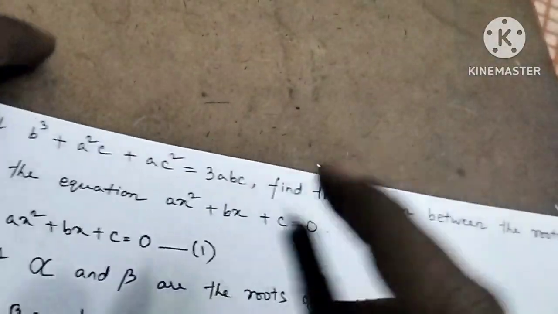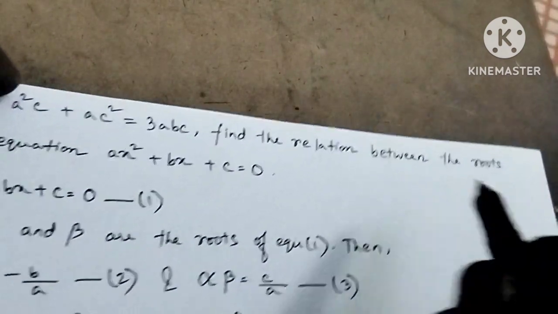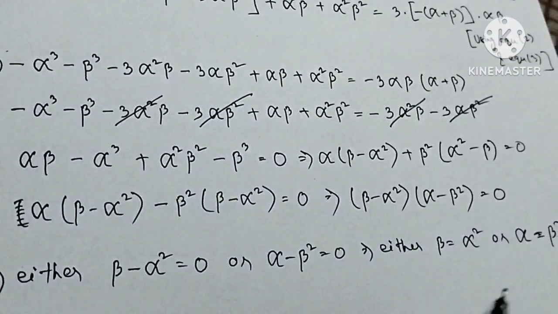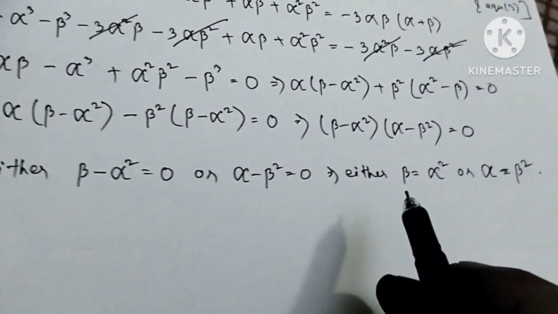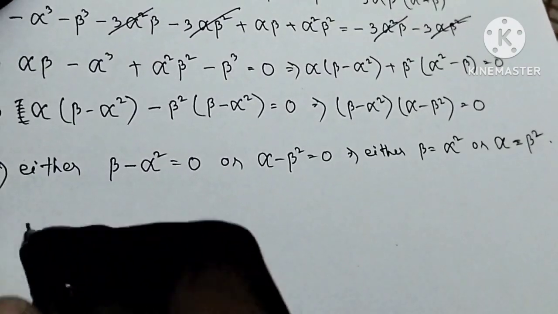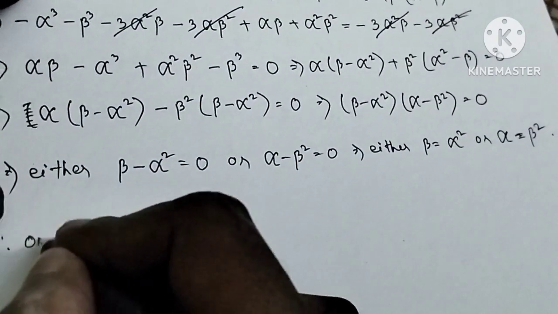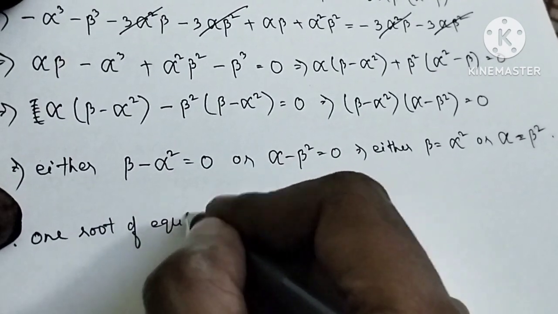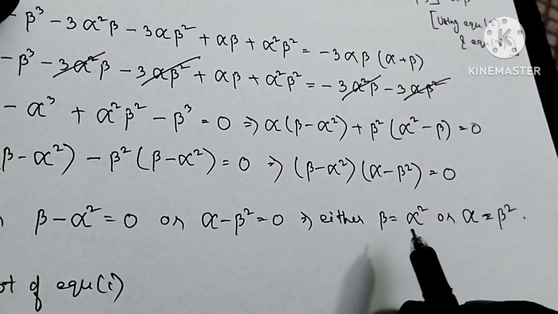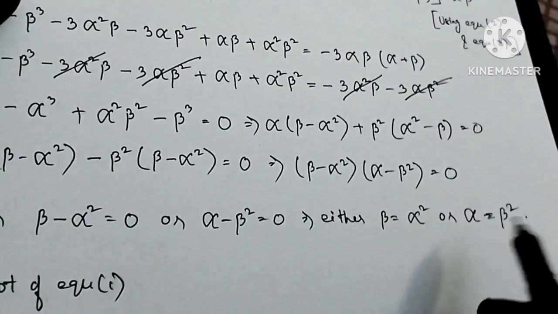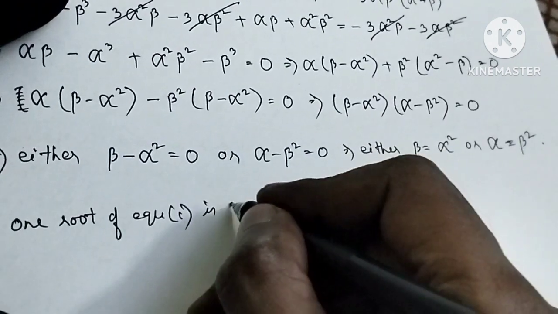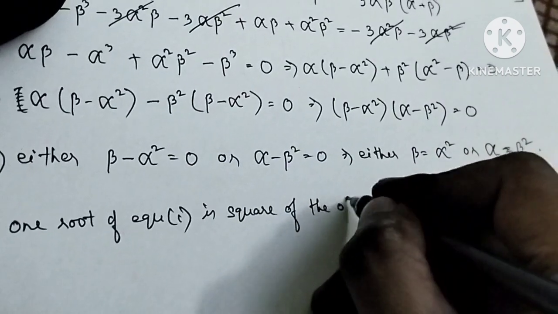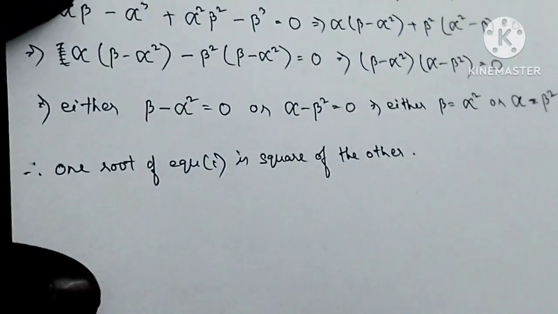So we had to find the relation between the roots of the equation ax square plus bx plus c is equal to 0. The relation is therefore that one root of equation 1 is the square of the other, and this is the answer.